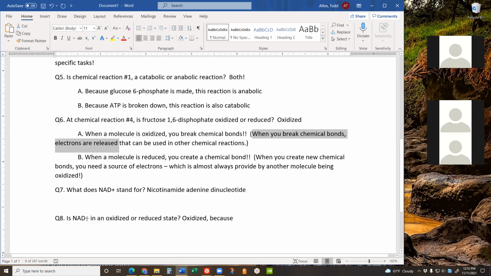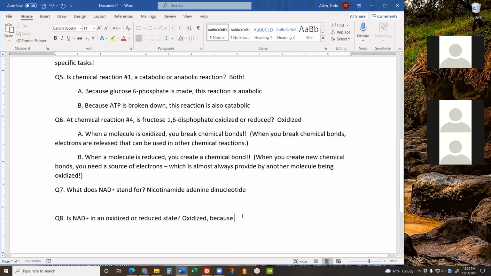So NAD plus has an excess of positive charge because at some moment before it became NAD plus, it lost electrons. Some kind of bond was broken on this molecule, and in the next split second, electrons zipped off the molecule, went someplace else to do other chemistry, and the molecule we started with takes on an excess positive charge.